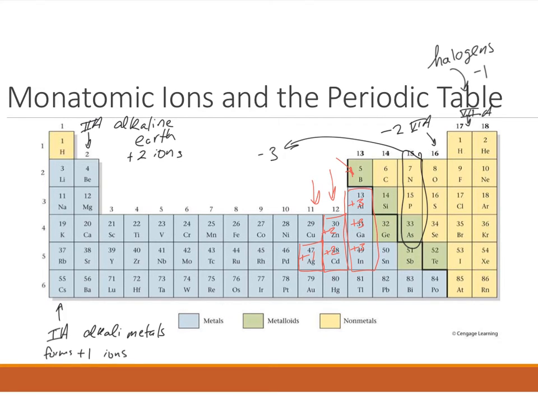These are important to be able to recognize the monatomic ions and their charges from the periodic table, because all the rest of the compounds that we're going to deal with that contain ions can have variable charges. And that variable charge on the cation needs to be determined based upon the anions.